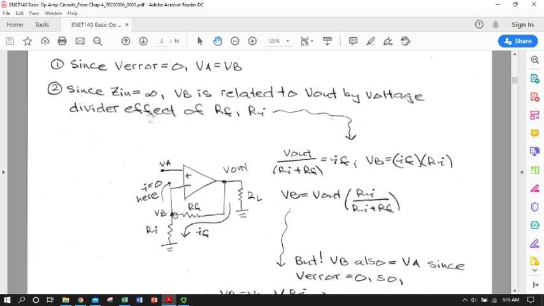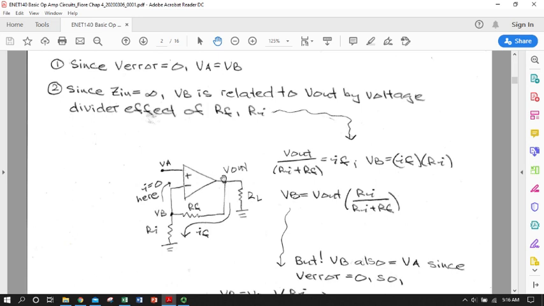So if we start at V sub B and we're looking into the op-amp through the inverting terminal here, well, we can first say there's no current flowing because this has infinite input impedance here. So it's an open, so there's no current flowing through there. So if I want to look at whatever current may or may not be flowing from V out to ground, I can define it as I sub F, meaning I feedback, because it's flowing through the feedback network.